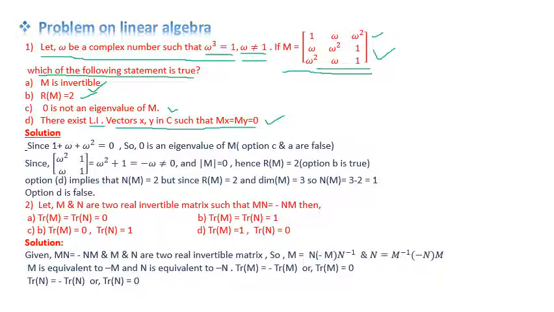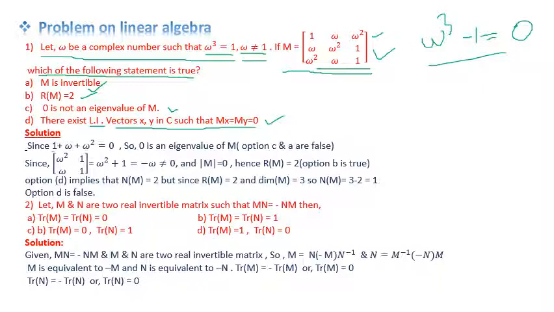Omega cube equals to 1 means, if you factorize, this is a cubic equation, omega cube minus 1 equals to 0, right? Now factorize this, so omega minus 1 times omega square plus omega plus 1 equals to 0. That's why omega square plus omega plus 1 equals to 0.